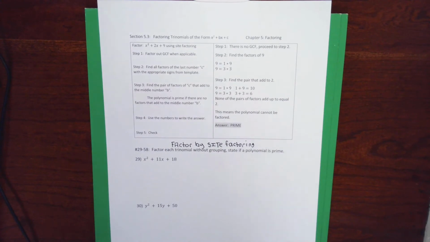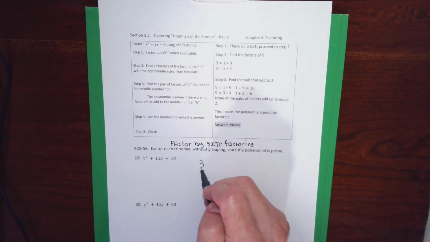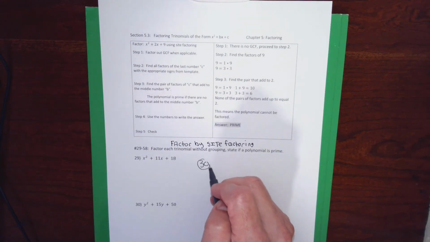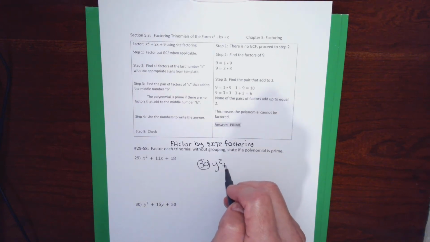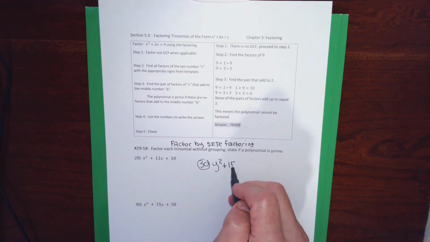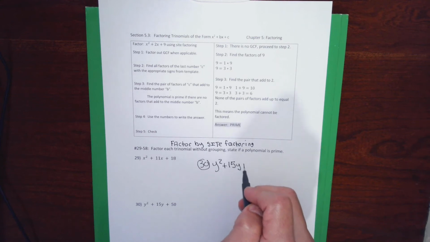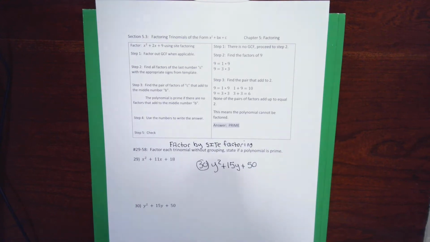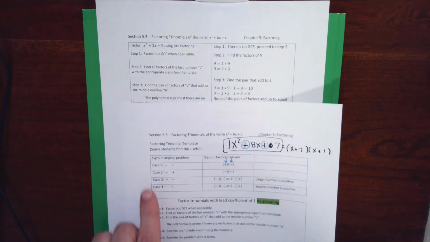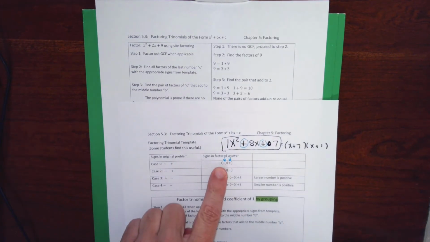So I'm going to pretend like I'm going to factor by grouping. If I was going to factor problem 30 by grouping, if I was going to take the time to rewrite it by grouping, I'd look at my template, and my template says if the problem has pluses, you need double pluses for your factors.